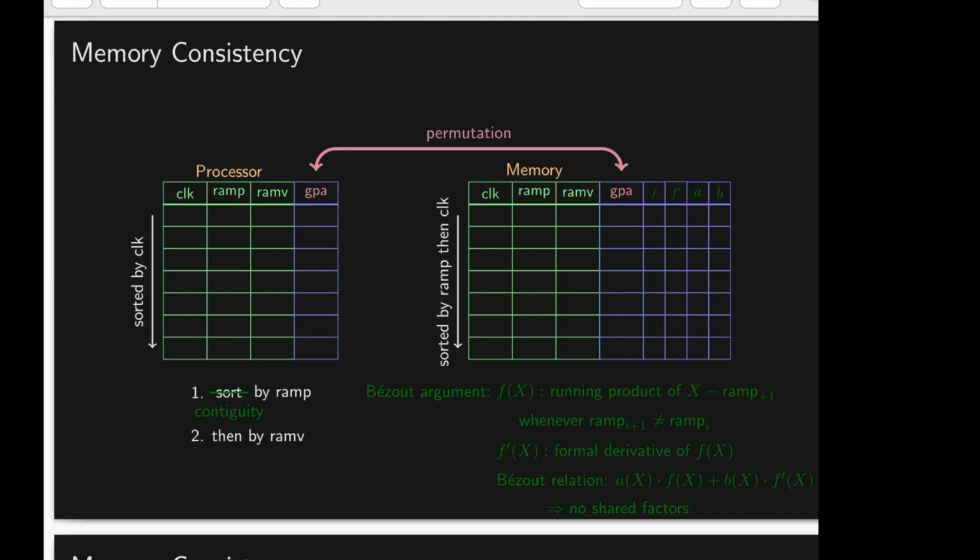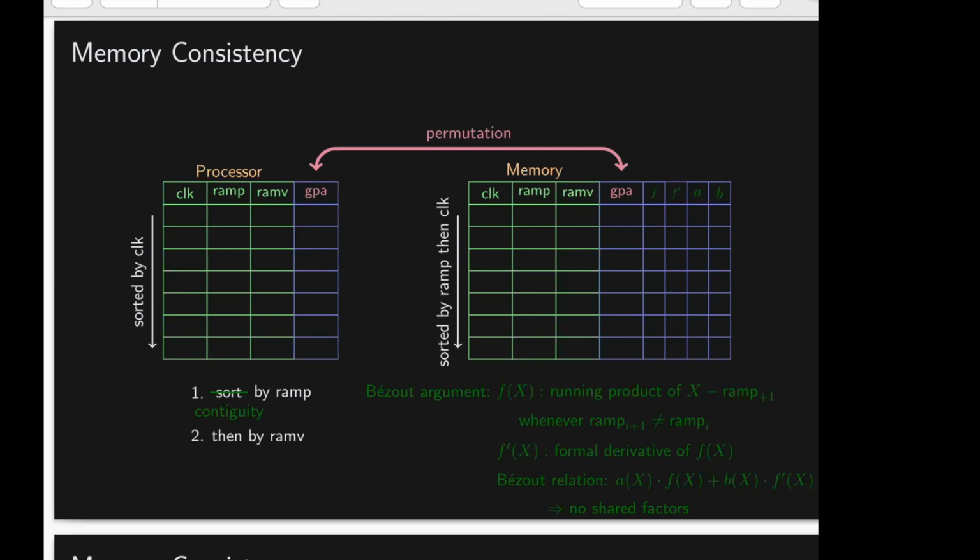So we compute a running product of x minus the ith memory pointer, where x is supplied by the verifier. And we simultaneously compute the formal derivative of this running product. And then we use a bit of algebra known as the Bézout relation.